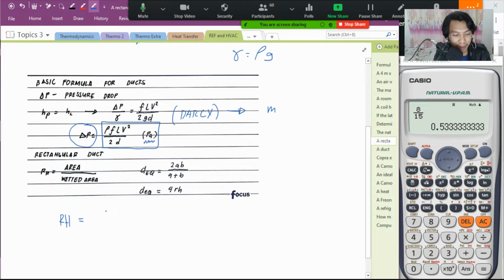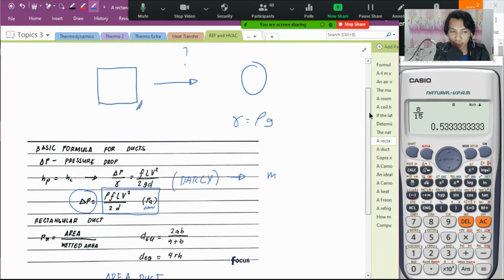This is equal to the area projected, area of, cross-sectional area. Area of the duct divided by yung wetted area. Okay. Yung wetted area kasi, pinag-uusapan natin dito. Kunwari, may duct ka dyan, di ba? Tubig, sa tubig.